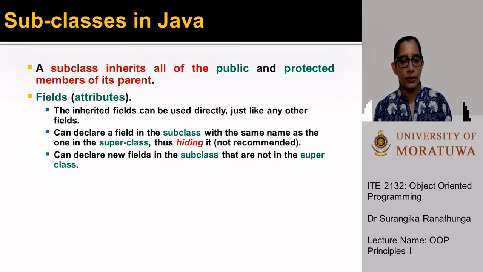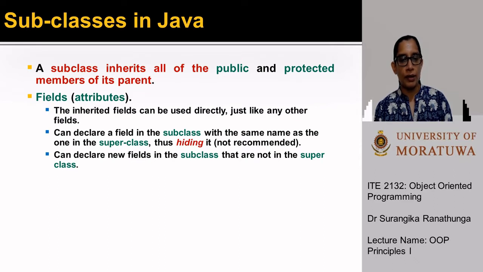So as I told you, a subclass can inherit the attributes or the fields and the methods. If you look at the superclass, as long as the attributes have either the public or the protected keyword, the subclasses can inherit them. With respect to attributes, if the superclass attribute has the keyword public or protected, the subclass can use them just like any other field in the subclass itself.